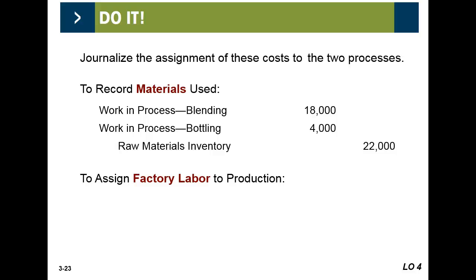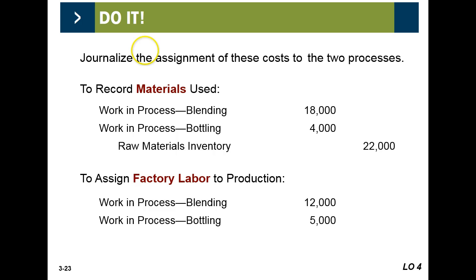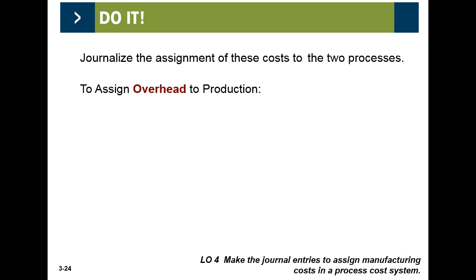Okay? Because we're putting the materials into that specific process involved. Same with labor. Those hours assigned to blending get put into blending. Those with bottling are going to get assigned straight to bottling, and we're crediting our factory labor again.